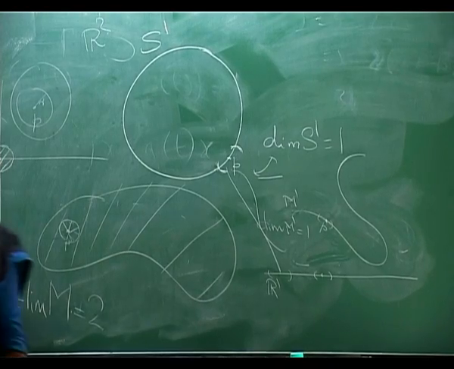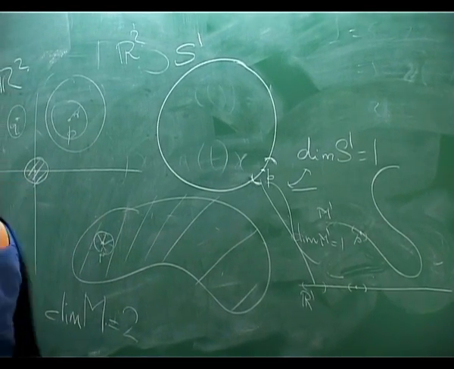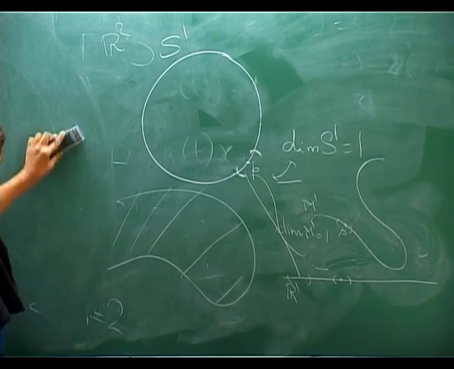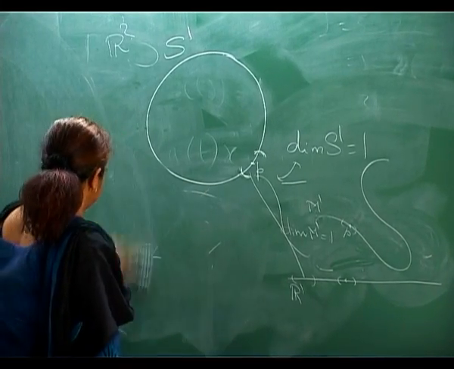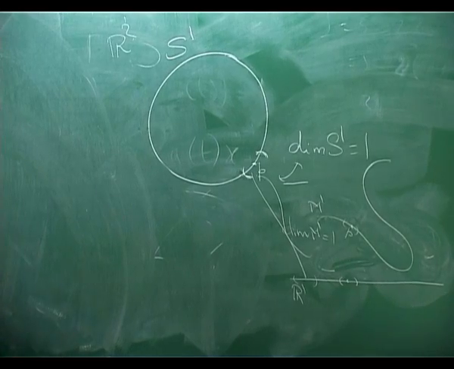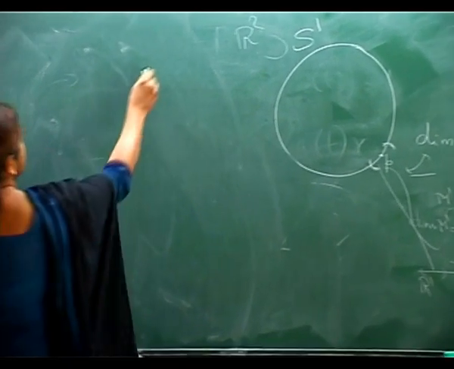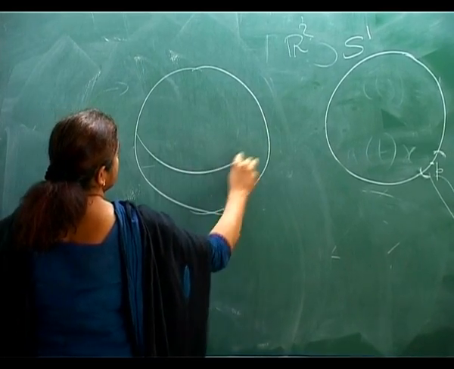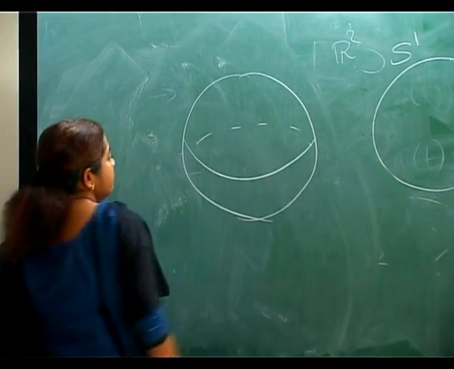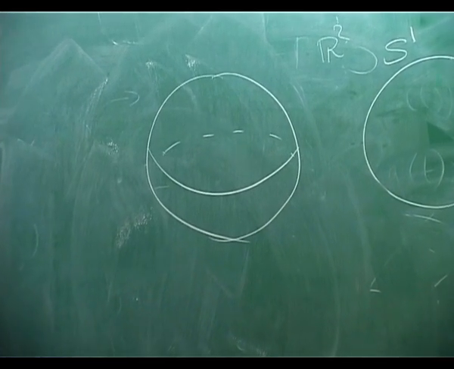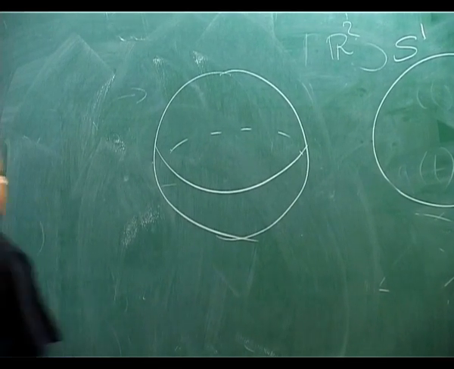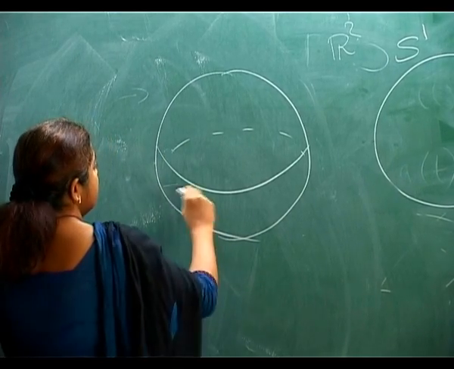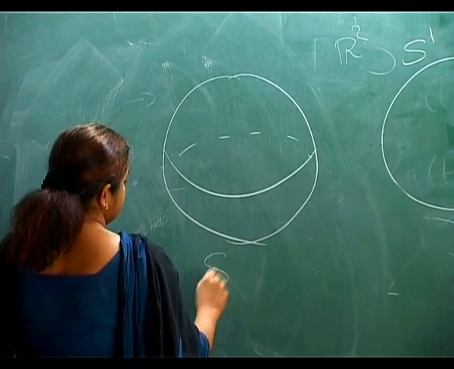Now another example would be to look at a sphere. We know that the filled ball is a 3-dimensional object, but sorry, it's not the filled one, it is the empty object. So this is actually a 2-dimensional object, S2.